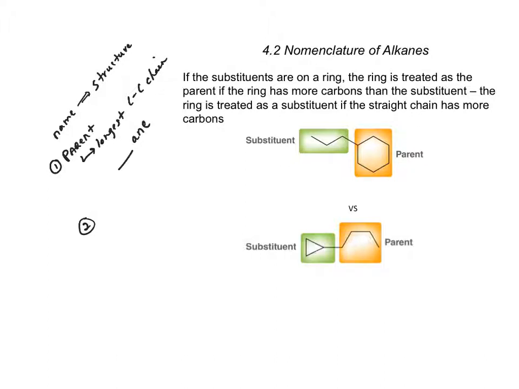The substituents, right? These guys were the branches off the parent, okay? And again, depending on how many carbons each substituent had, we use that exact same meth, eth, prop, etc. But then what did we end the substituents in? Instead of ane, we used yl, right?